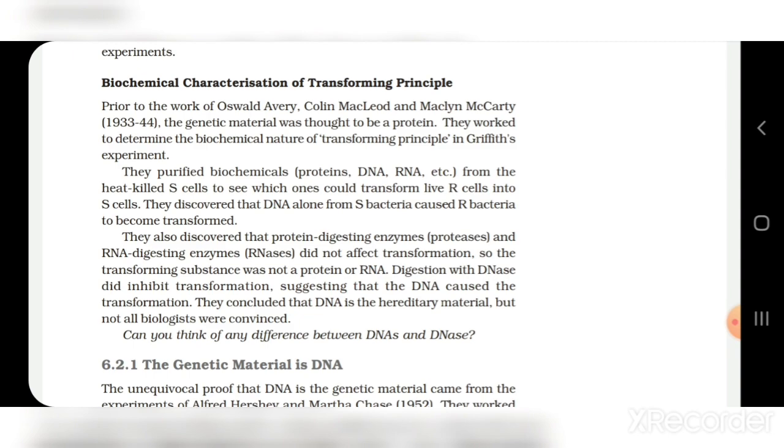Actually, the DNA gets denatured at a temperature of around 100 degrees Celsius, not at 50 to 60 degrees Celsius. Okay, a number of biologists were not convinced by these experiments, but these experiments are still considered authentic.